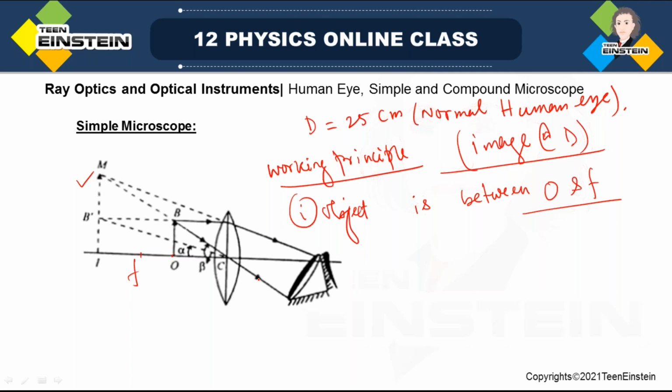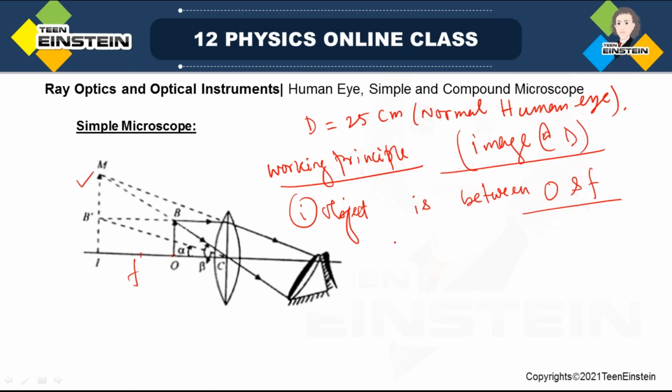When the image is formed at the least distance of distinct vision, the object is kept within the focal length, between the focal length and the optical center. Then there will be an erect and very much enlarged image formed.